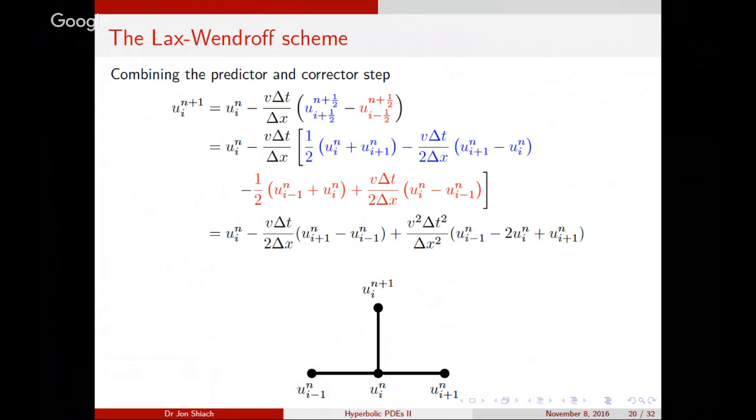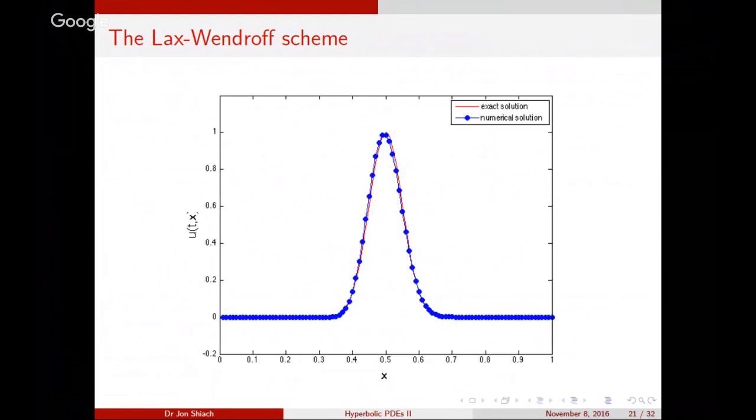And this is the stencil, so all I need is 3 nodes at the nth time level to calculate that node there. Similar to the leapfrog scheme, it gives us a very nice solution. So we don't have any of that dissipation which you saw with the first order schemes.